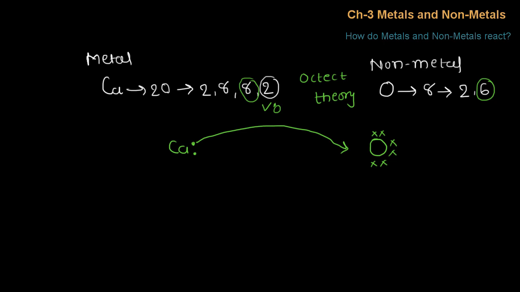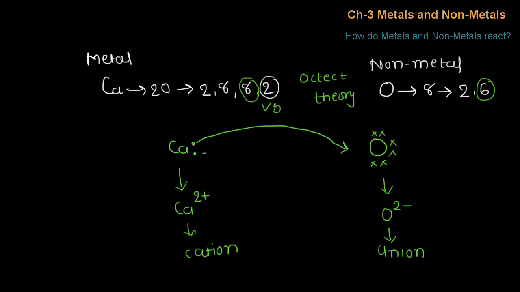So the electronic configuration will be 2, 8. Now calcium is losing 2 electrons, so it will have a positive charge. Therefore we have written 2 plus. It is a cation. And oxygen is gaining 2 electrons, so it will have a 2 minus charge, and it is an anion.